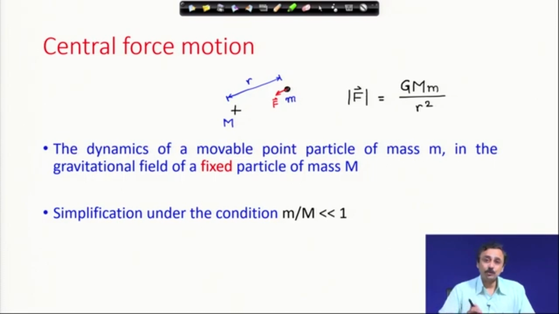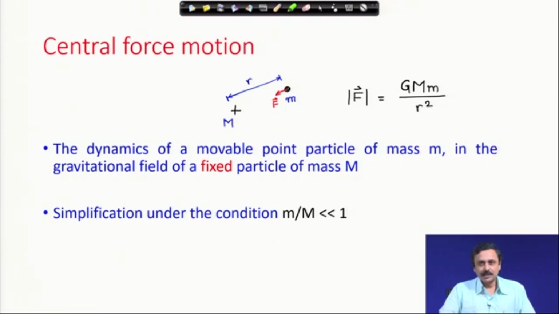Then the central mass, the gravitating mass capital M, can be considered to be roughly fixed. We will see what happens if it is not, but that in a later lecture.